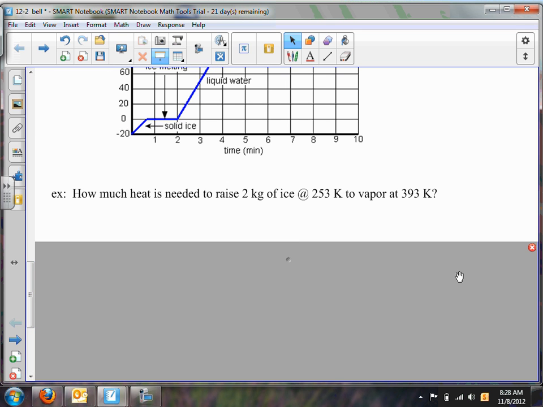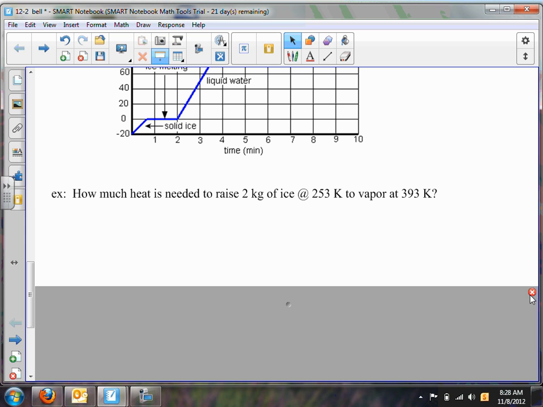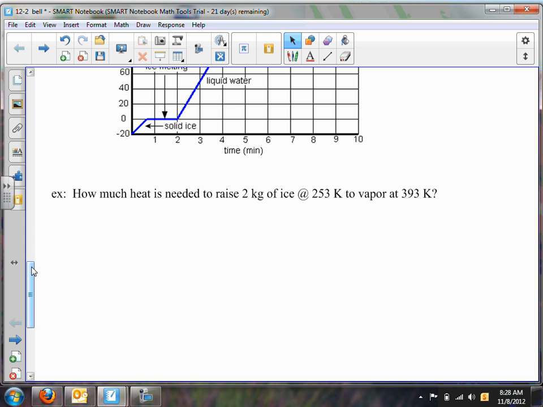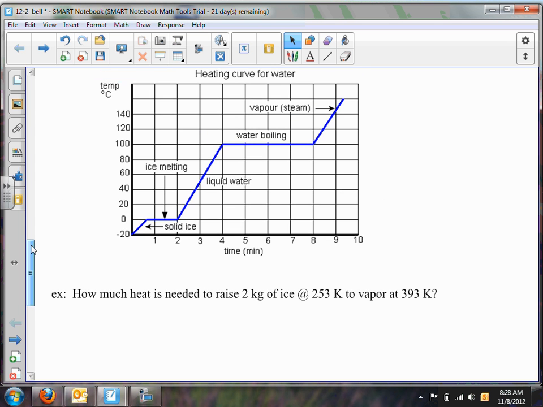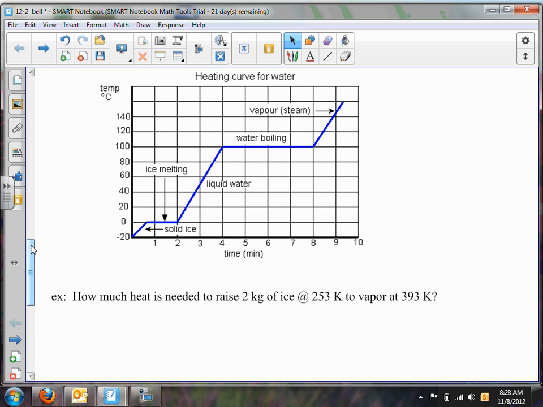So let's look at a little problem here. It says, how much heat is needed to raise the 2 kilograms of ice at 253 Kelvin to vapor at 393 Kelvin? Well, what is the temperature in degrees Celsius? Remember, Kelvin is Celsius plus 273.